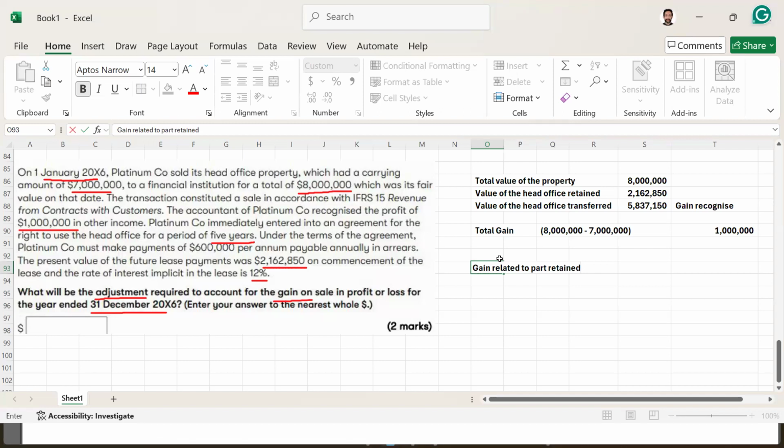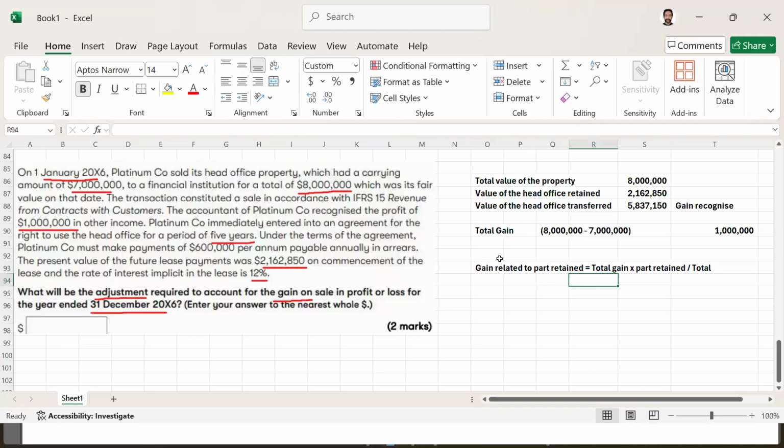Automatically what is left is the portion that relates to the part transferred. So how do we calculate it? Total gain multiplied by the part retained divided by total.